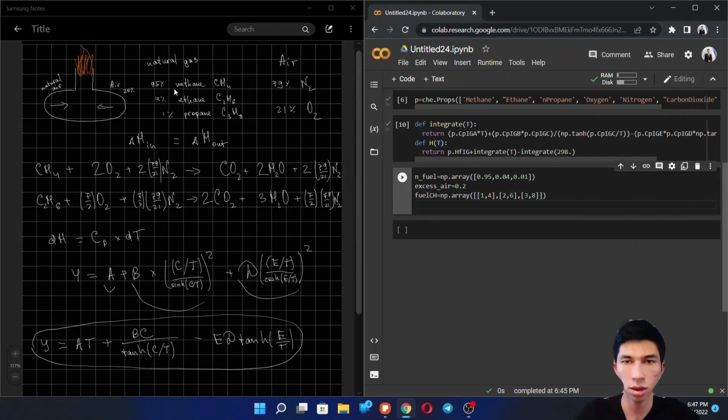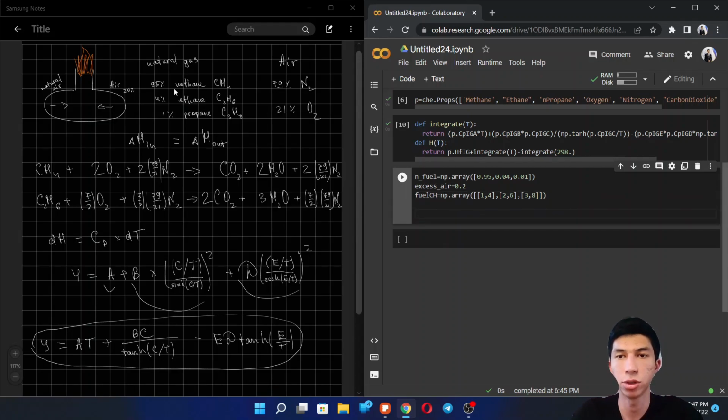So now I have a 2D array that represents the carbon to hydrogen ratio of each of the compounds in our fuel, right? And now we have to do the matrix multiplication with that. So we have to multiply the mole ratio by the carbon hydrogen ratio to find the actual moles of carbon and hydrogen.